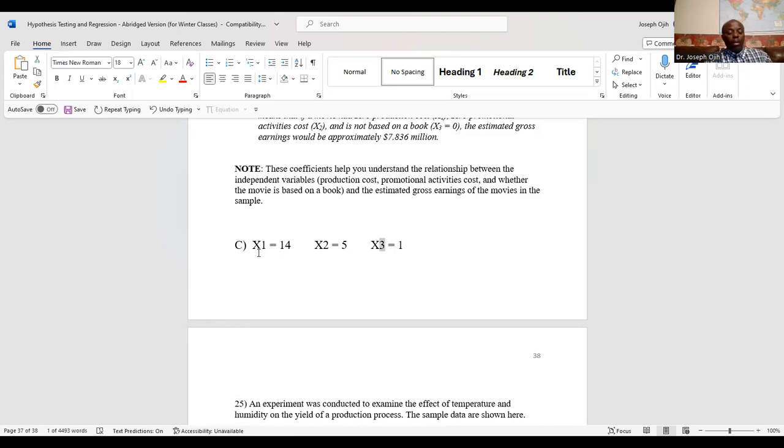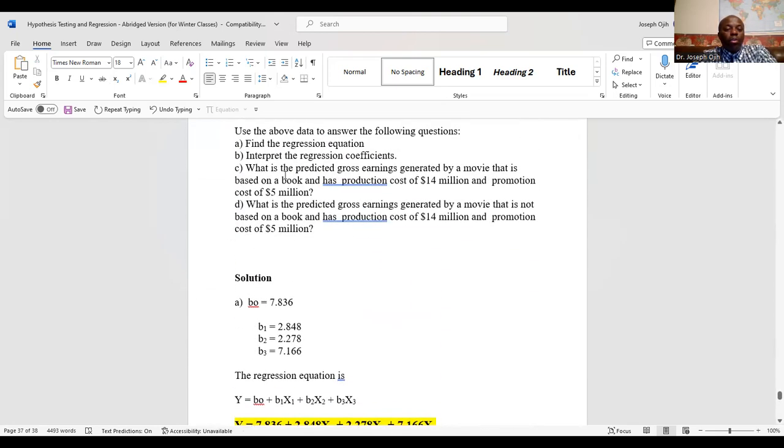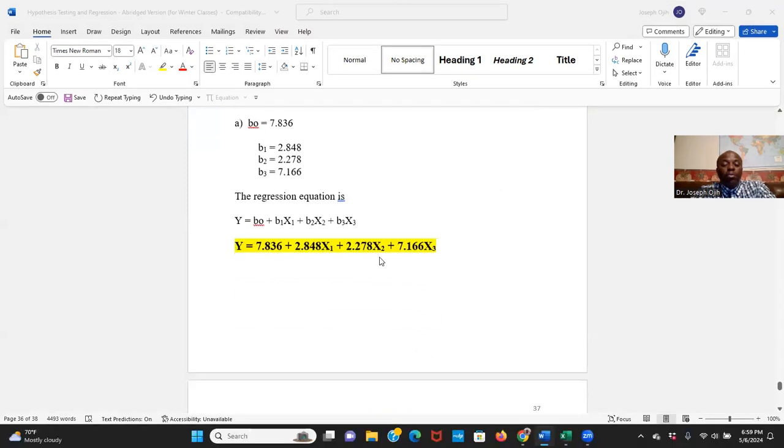Now we can put these values here. The question was, what is the predicted gross earnings generated by a movie that is based on a book and has a production cost of 14 million and a promotion cost of 5 million. So I'm going to write those values down. All we have to do is plug them into this regression equation and we'll have our answer.